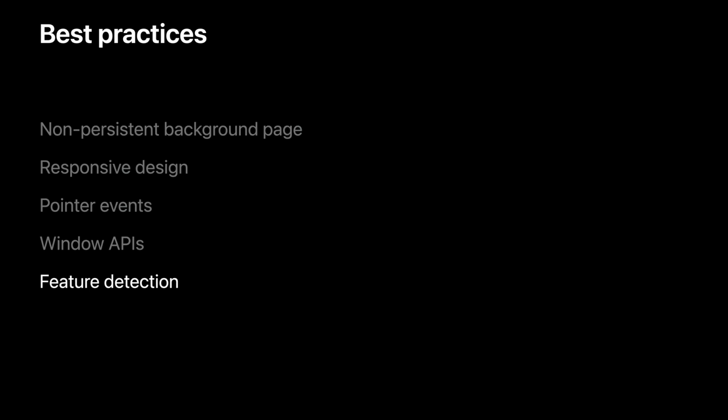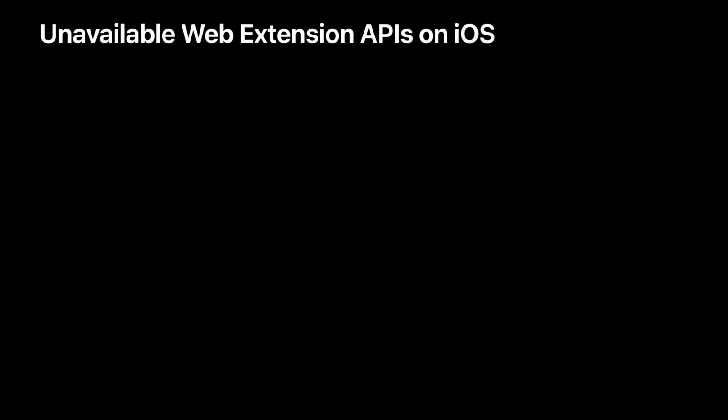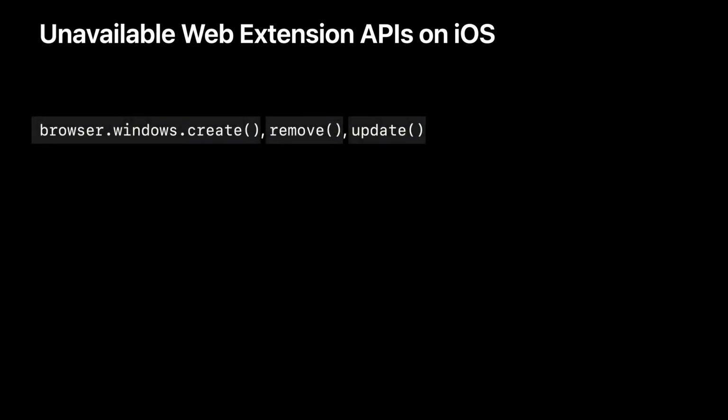Now, last up in the best practices is feature detection. When bringing an existing extension to iOS, you may find some APIs are unavailable. For example, the Windows APIs that I mentioned a moment ago. But there are a few others, like context menus and web request. If non-essential parts of your extension use such APIs, be sure to use feature detection to handle the case that they're not available.